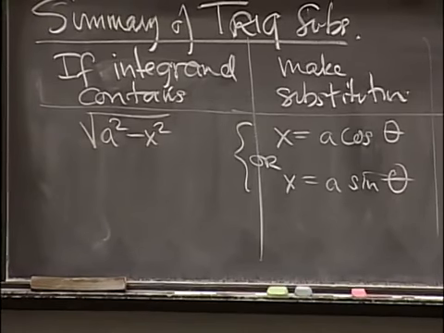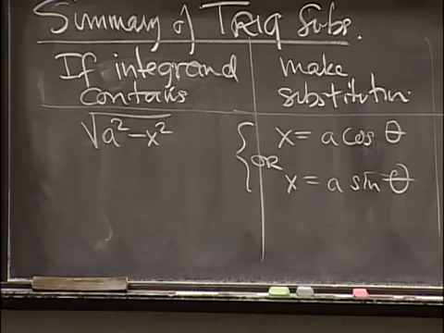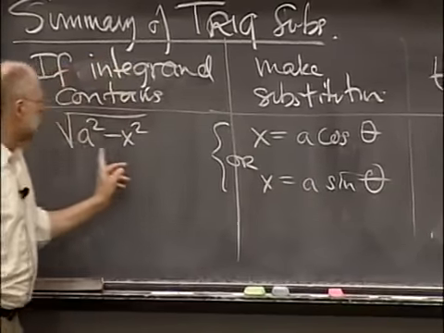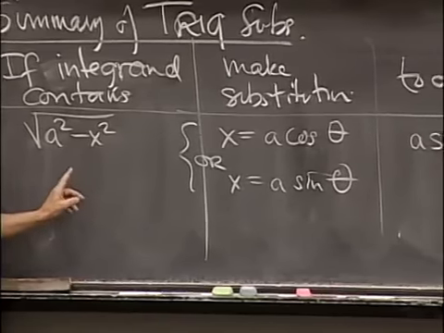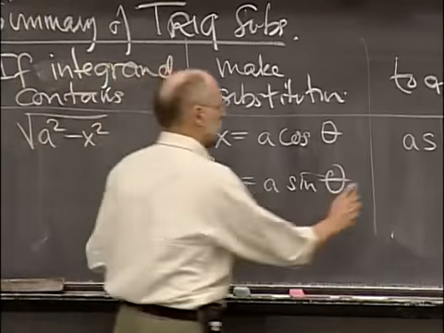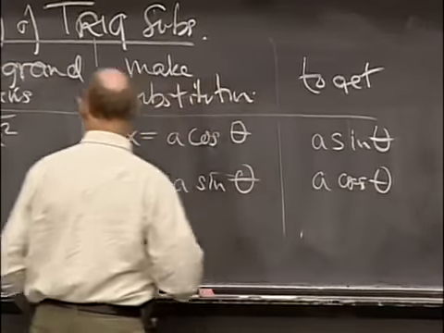And then you go on. Then you've gotten rid of the square root, and you've got a trigonometric integral that you have to try to do. If you made the substitution a sine theta, you'd get a squared minus a squared sine squared, which is a times cosine theta. And then you can go ahead as well.